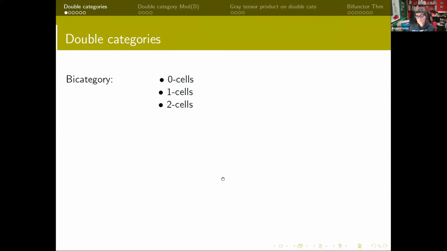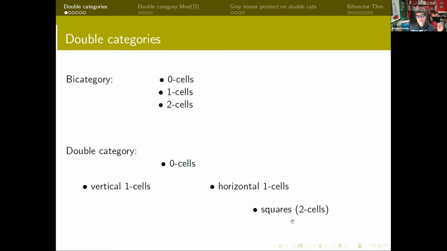Now, in contrast to this, when we pass to double categories, I present on this diagonal the bicategory, or the horizontal bicategory, of the double category. So there I will have 0 cells, horizontal 1 cells, and squares, which I often just call 2 cells. And here on the diagonal, I put these vertical 1 cells. This is how I think of them visually.